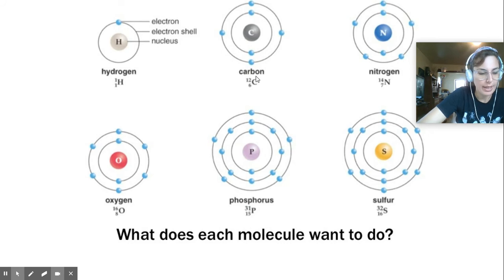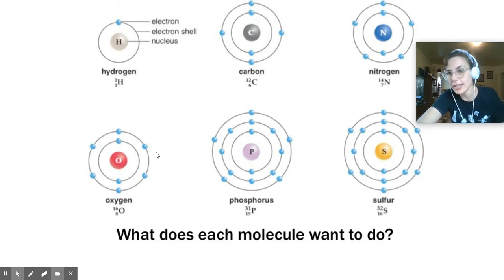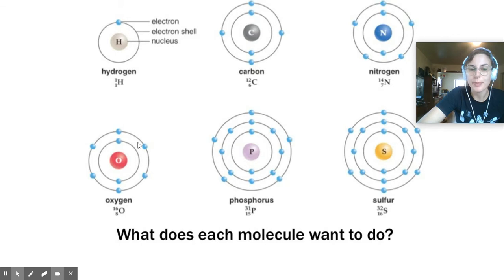Okay, and so let's take a look at oxygen. Oxygen is highly reactive because it has 6 valence electrons in its outermost shell. It wants 8. And so it's going to be a highly reactive atom. It's going to try to do whatever it can to either steal or share with another atom so it can have a full octet in its outermost shell.